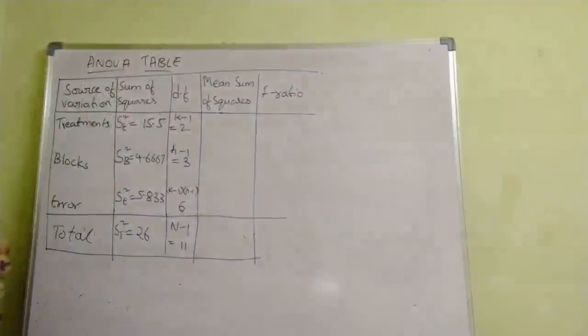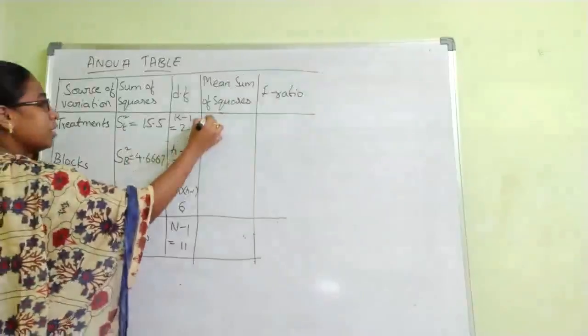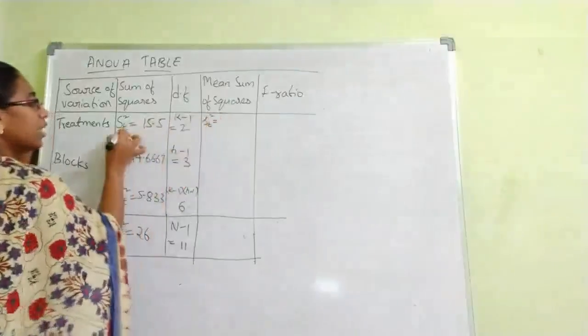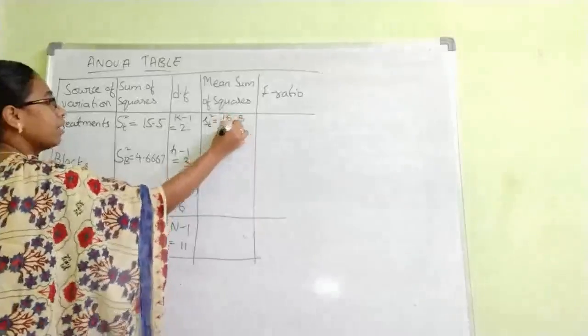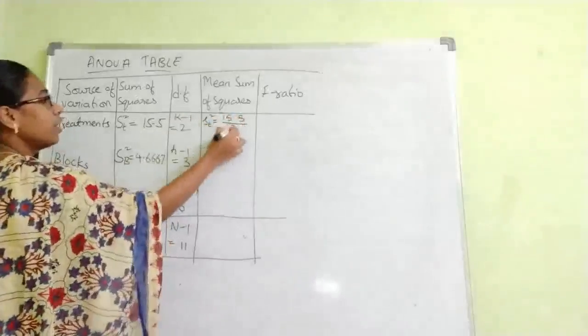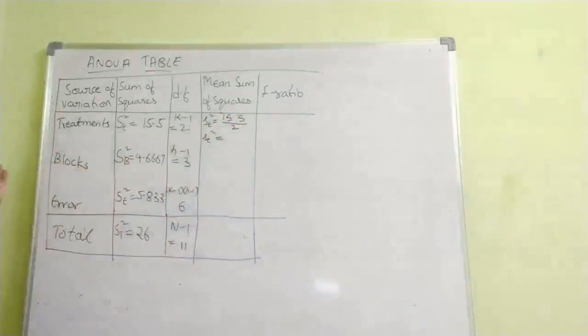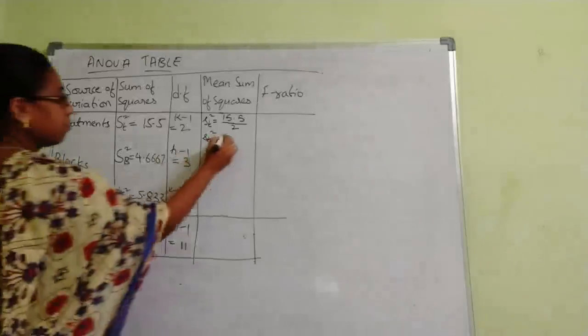Next, we are going to write the mean sum of squares. First, the mean sum of squares due to treatment, that is small ST square, equals capital ST square, 15.5, divided by the degrees of freedom 2, which is 7.75.